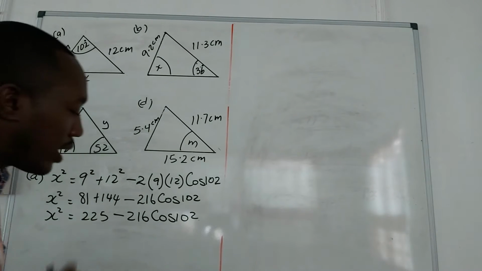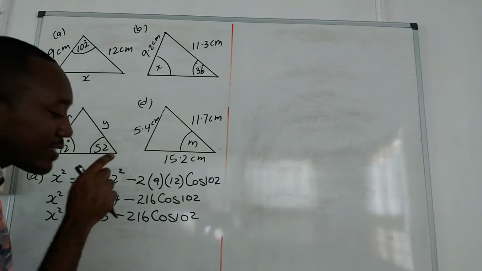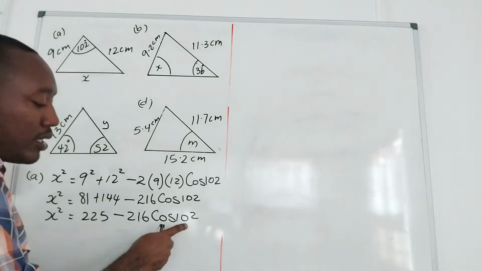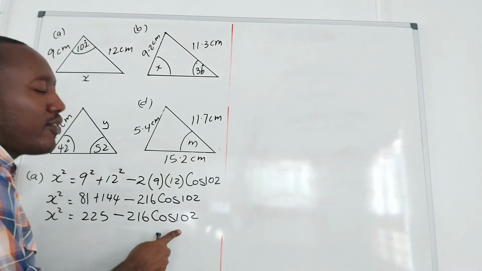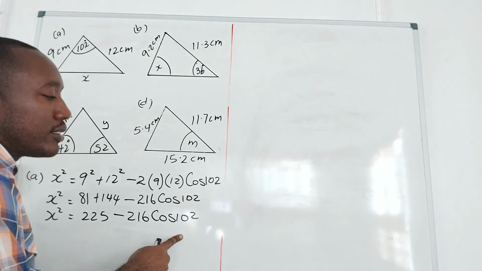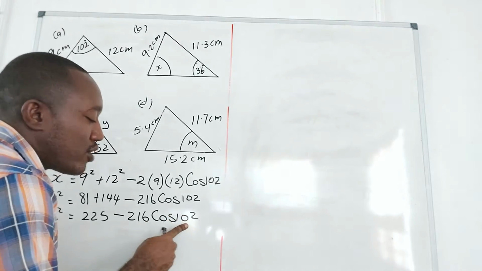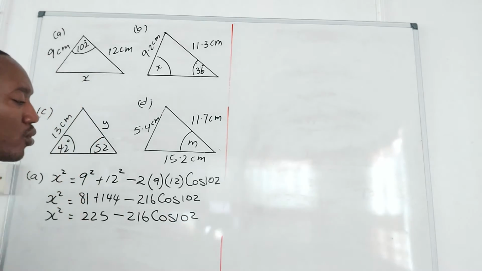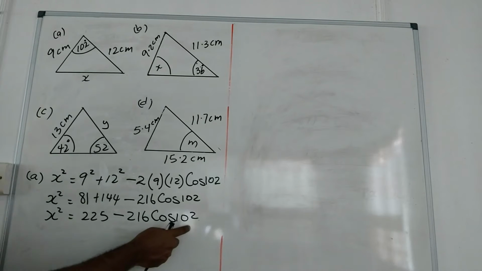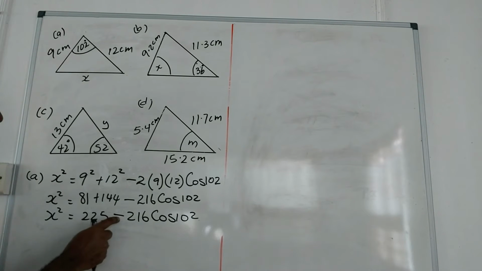So what I'm trying to say, boys and girls, is anytime cos is an obtuse angle, if it's more than 90 degrees in our cosine formula, what will happen is this sign here will become a positive, right?